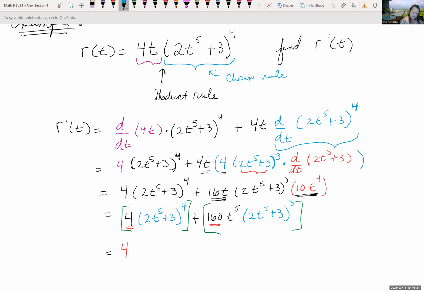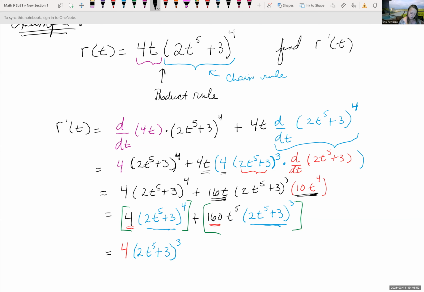And then I notice that I have 2t to the fifth plus 3 raised to the fourth, and 2t to the fifth power plus 3 cubed. And so we want to pull out 3 of those.